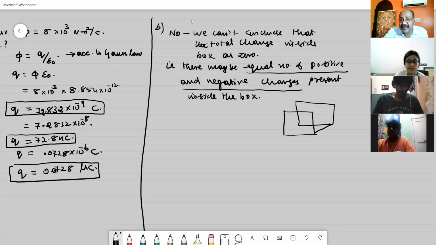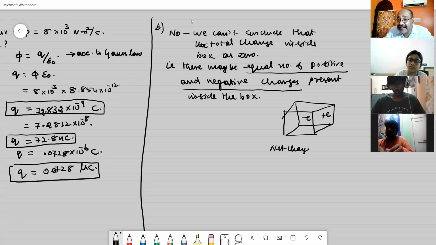We have charges, but the net amount of charge is equal to 0. The amount of negative charges and positive charges inside the box are equal. So the net charge may be equal to 0. The concept is, we cannot come to a conclusion that the total charge inside the box is 0.